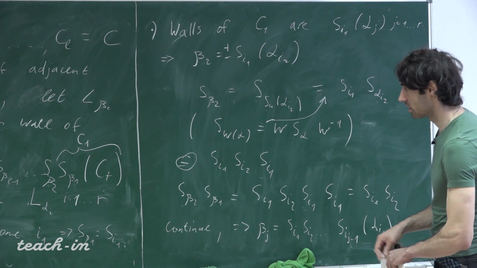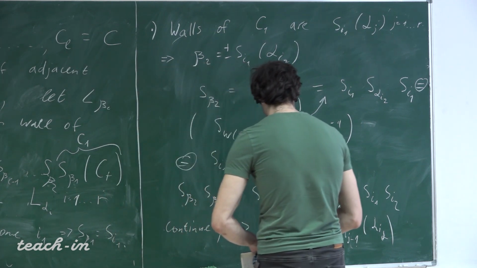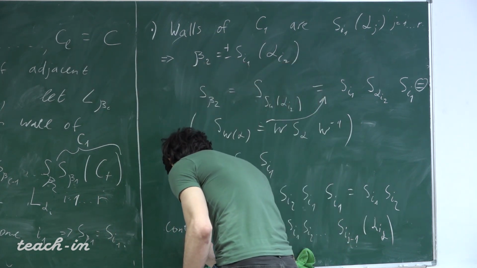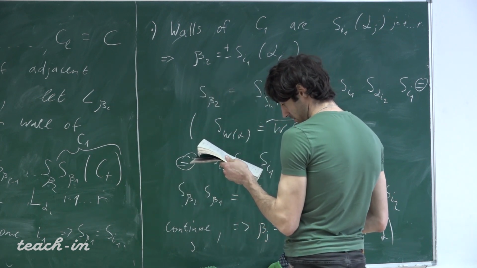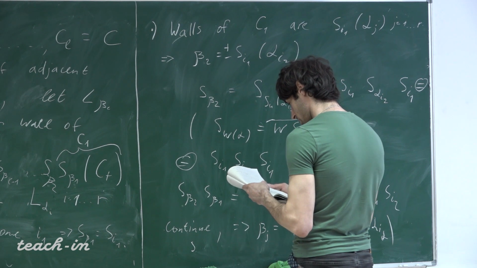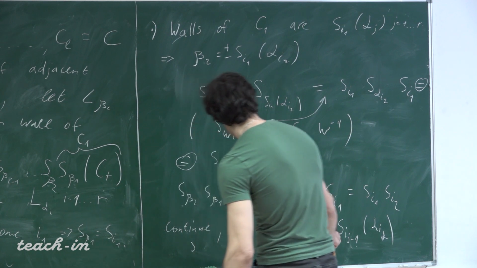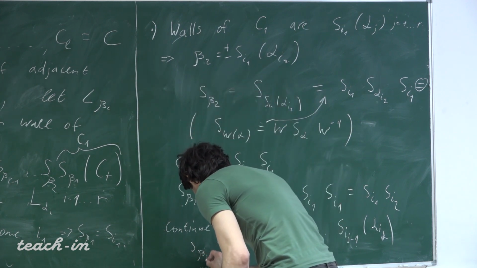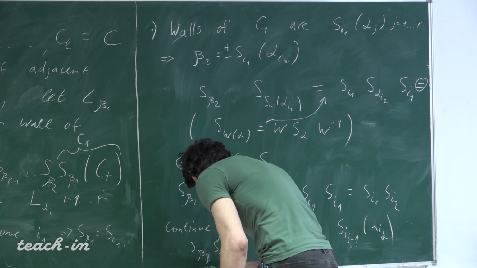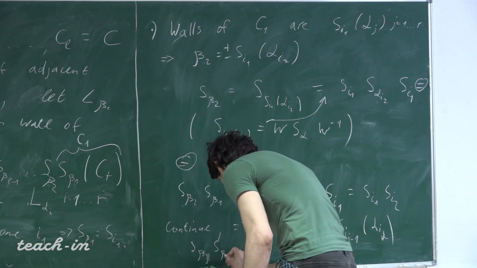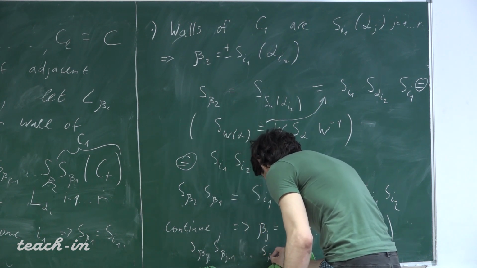And the corresponding S beta sequence, like this, S beta j, beta j minus 1 and so on to S beta 1, right?